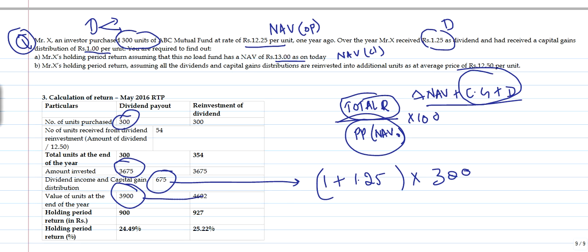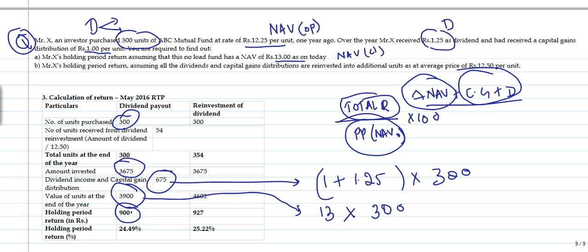The closing value: we know closing NAV 13 into 300 units, 3900.